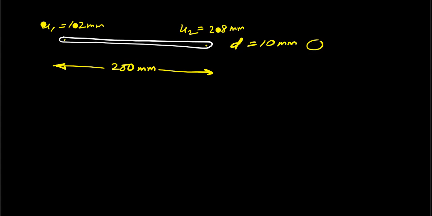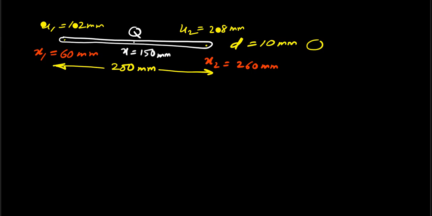So the figure will be like this, and here the positions are given as x1 as 60 millimeter, and x2 as 260 millimeter, and at the mid there is one point here, denoted as Q, and the x value for the point is 150 millimeter.